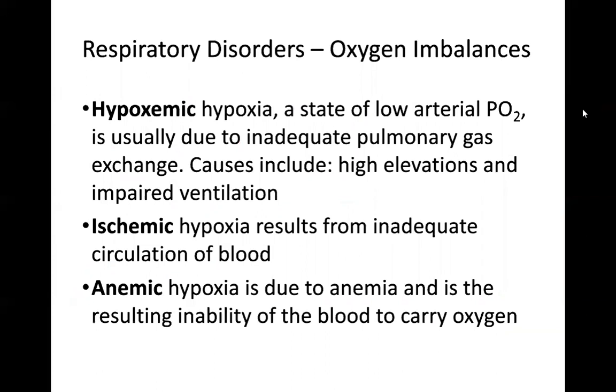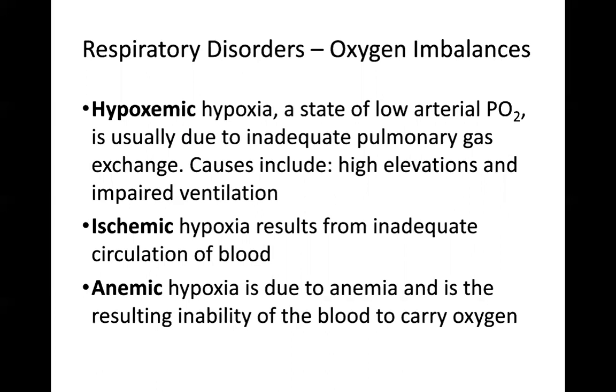We've talked about hypoxia before, back when we learned about the making of blood, red blood cells specifically. We learned that hypoxia was one of the stimuli that resulted in the production of more red blood cells. Hypoxia, remember, is just a fancy word for low blood oxygen levels. It can be caused by several different things.